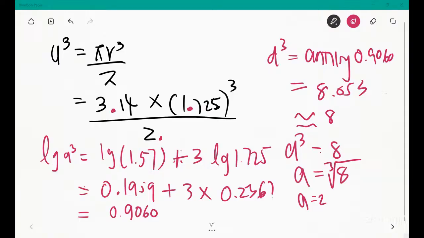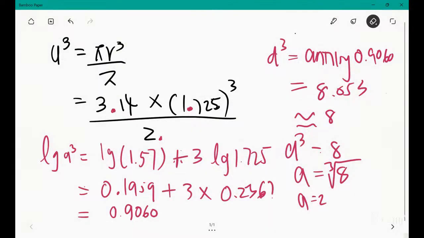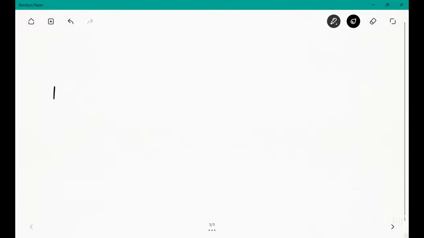Okay, so that's not the last part. So we found the value of a. So the last part of the question is, it says from a solid cuboid with a square cross section of side length a and height 2a, solid cuboid. So cuboid is something like this.